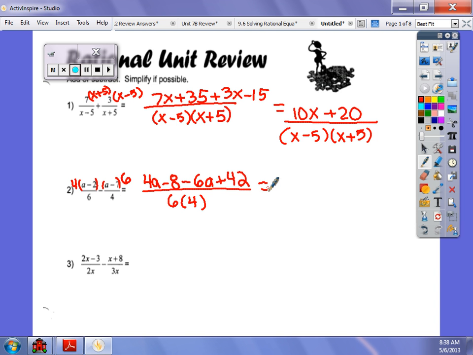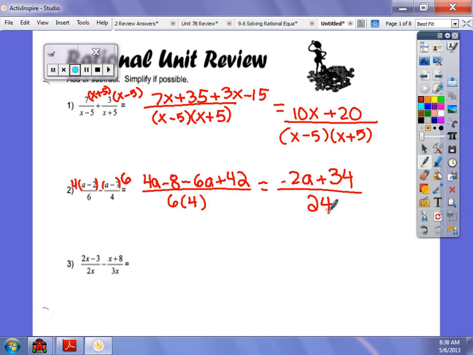Now combine your like terms, which gives you negative 2a, and negative 8 plus 42 gives you positive 34. Okay? Now that's all over 24, because 6 times 4 is 24.